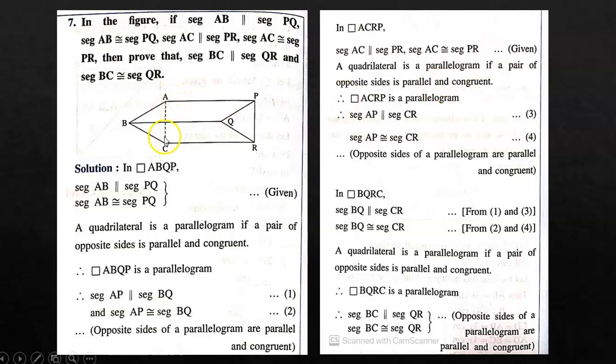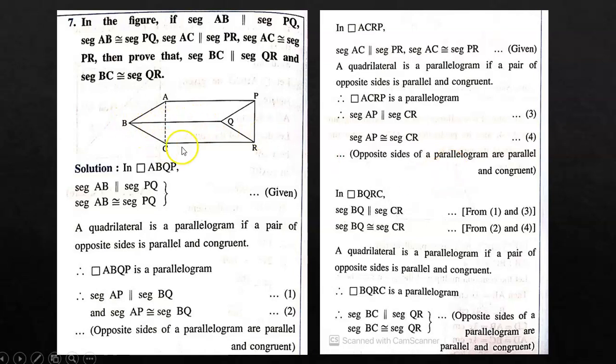I have quadrilateral ACRP as a parallelogram. And I can say the other pair is also parallel and congruent. So segment AP is parallel to segment CR, and segment AP is also congruent to segment CR. This I am going to name as statement 3 and 4.